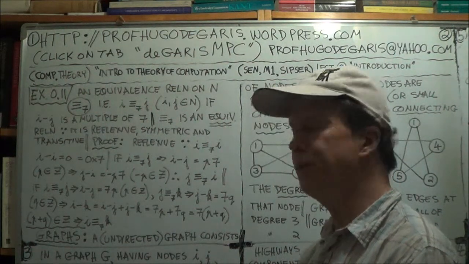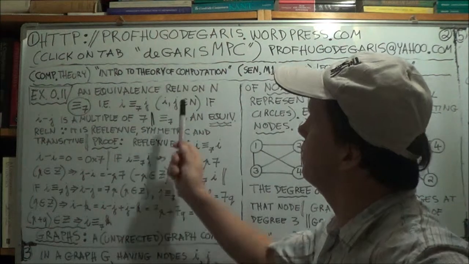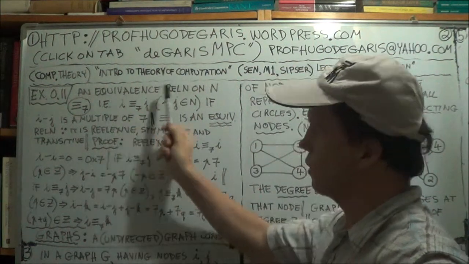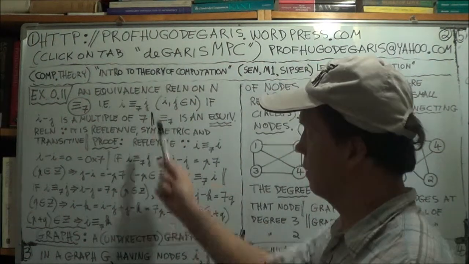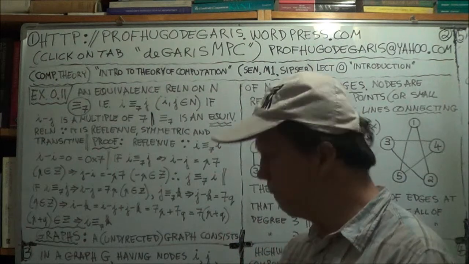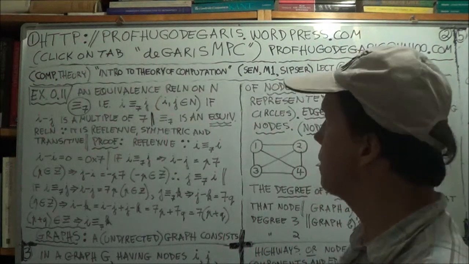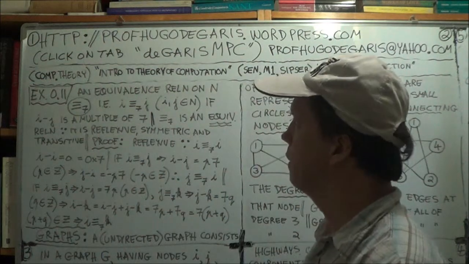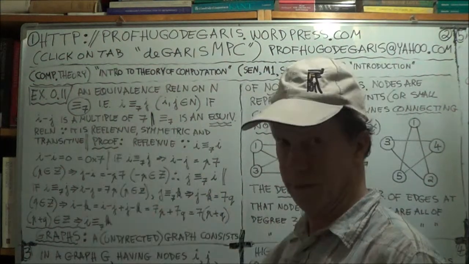So it satisfies all three, and therefore this relation here is an equivalence relation by definition, because an equivalence relation is a relation that satisfies those three properties. So this relation is an equivalence relation.